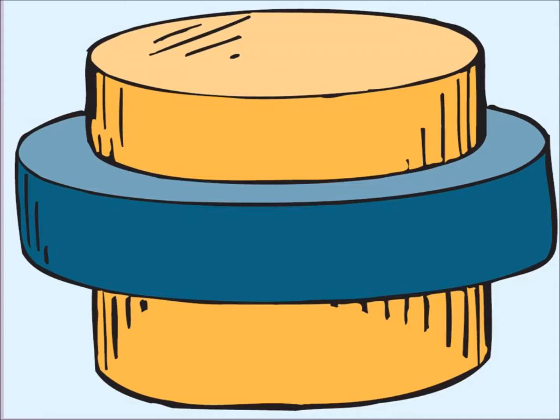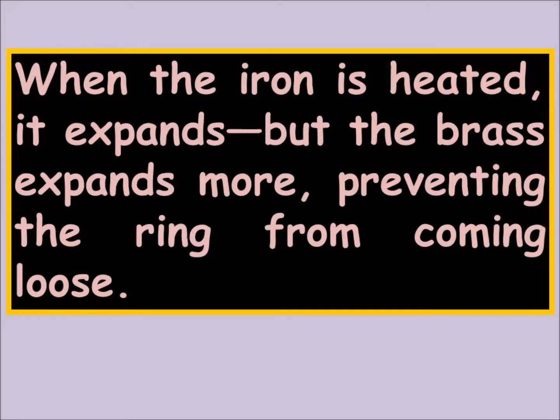You have to literally cut the iron ring off the brass in order to separate them. So it's pretty stable. Next. When the iron is heated, it expands, but the brass expands more, preventing the iron from cooling. This is an extra credit problem.